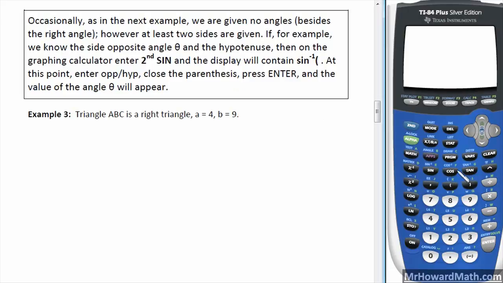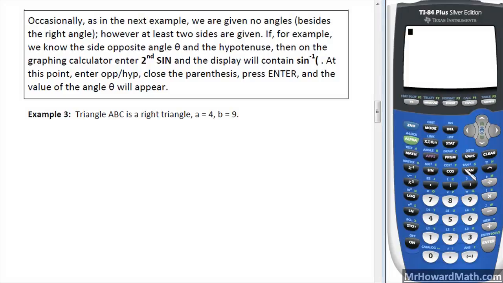You use those to find angle measures. We use regular sine, cosine, and tangent when we're finding side lengths. When we want to find angle measures, we use the inverse. Don't get that confused with secant being the reciprocal of cosine. Okay, don't get that mixed up. We are going to use second sine, second cosine, second tan on our calculator when we're finding angle measures.